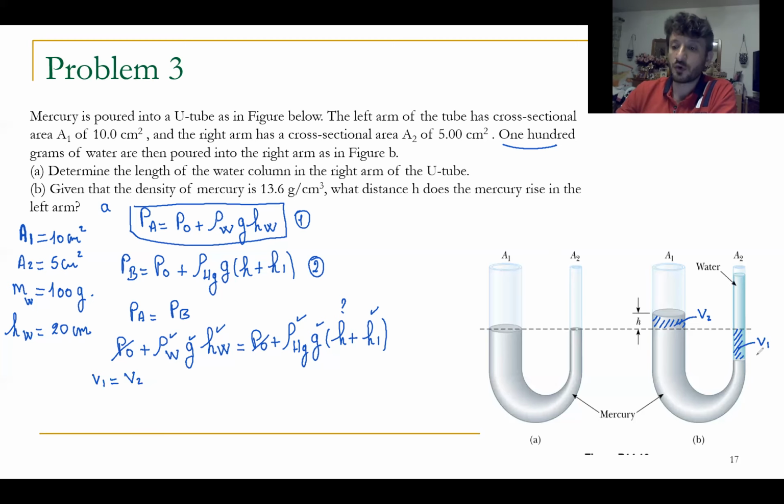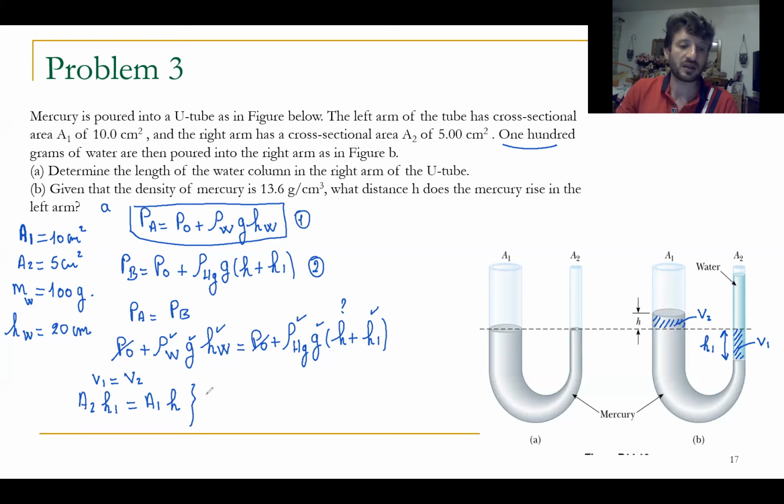V1, here we have H1. V1 equals the section A2 times H1, equals V2, equals the section A1 times H. Okay, so we can put H1 in function of H to eliminate the two unknowns.